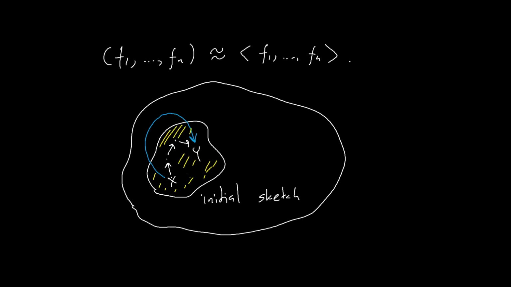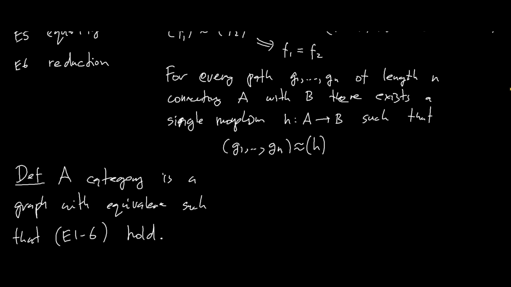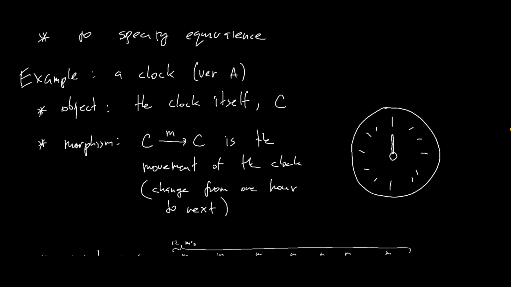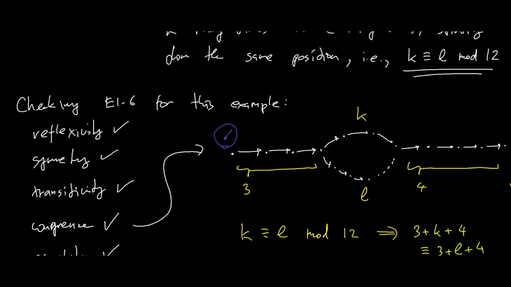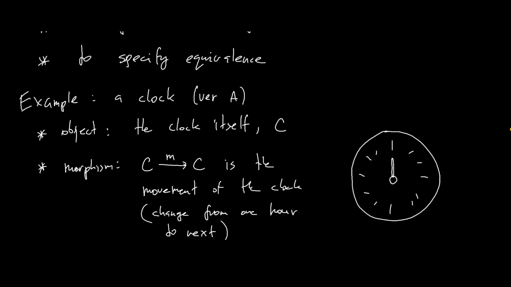So this will make many more equivalences in our original sketch than we could have had. So we want to actually add as few equivalences as possible, so that the information about our original sketch isn't destroyed too much. Like if we go back to that example with the clock, if I had done what you suggested with the clock, then let's see what would have happened. So this example here.